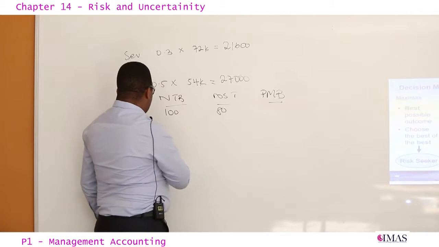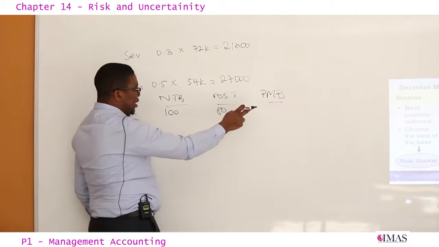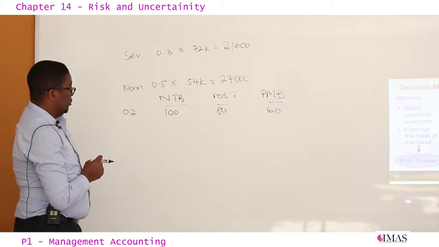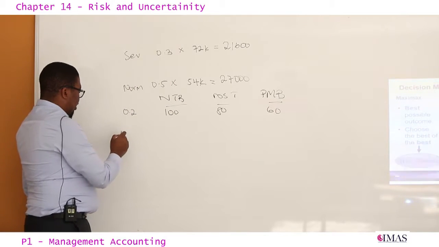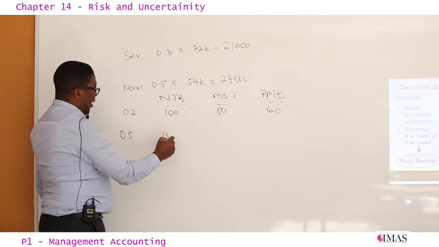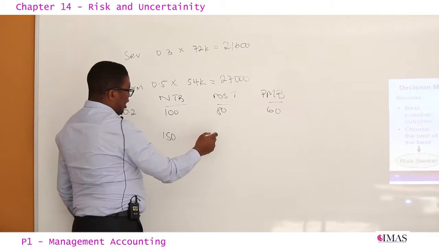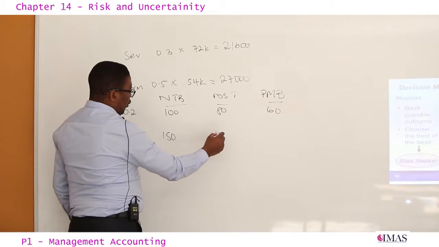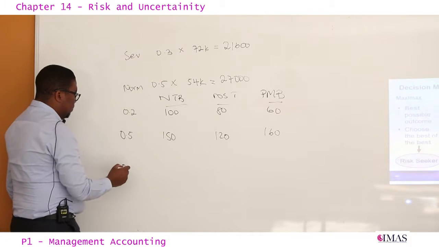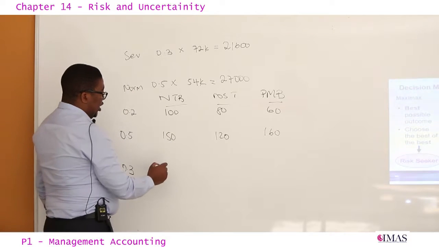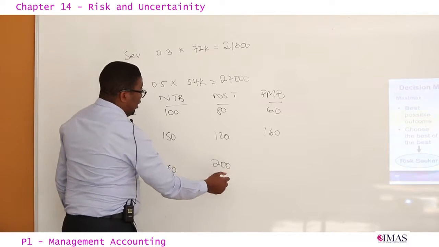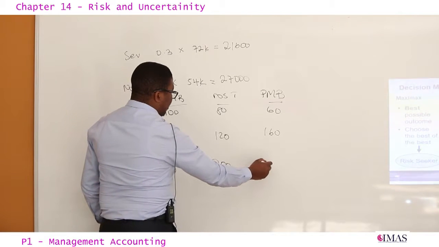And there's a 20% probability that in Pietermaritzburg we'll have 60 students. Okay? On the same side, there's a 50% probability that in Witbank we'll have 150. And then here we'll have 120. And then 160 here. And then there's a 30% probability that here we'll have 180 students. But here we'll have 200. And then here we'll have 170.